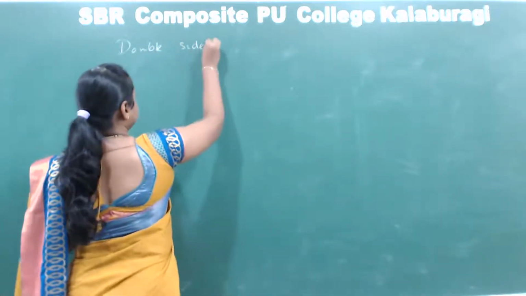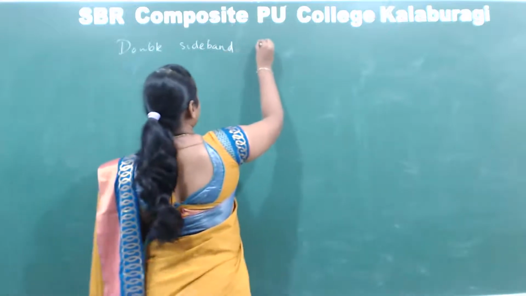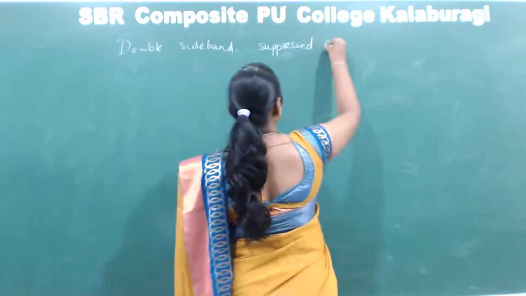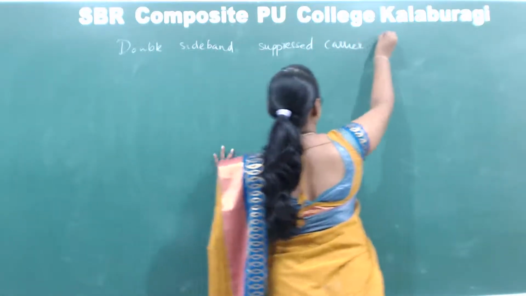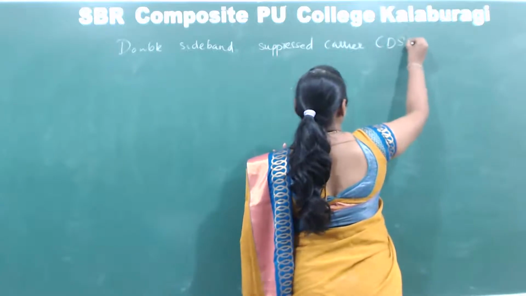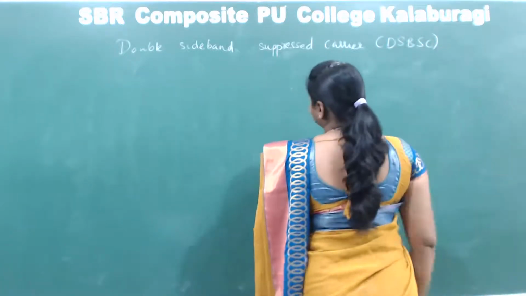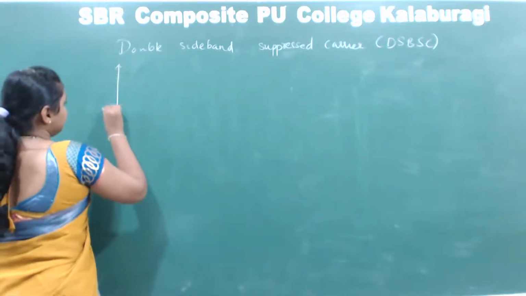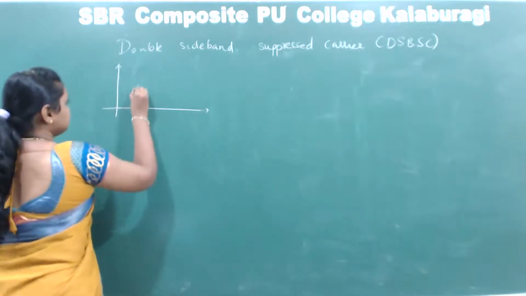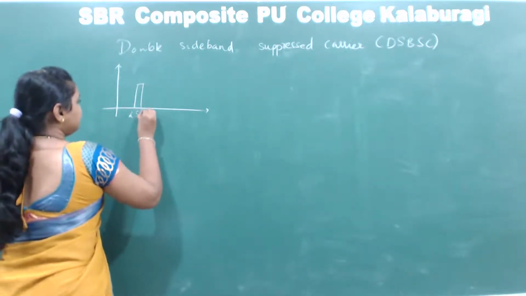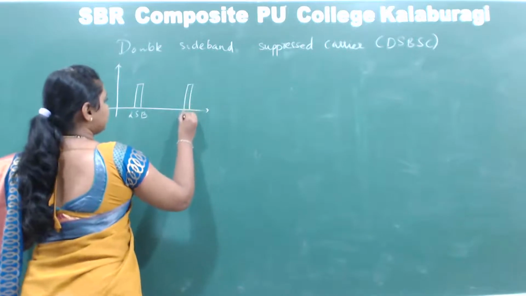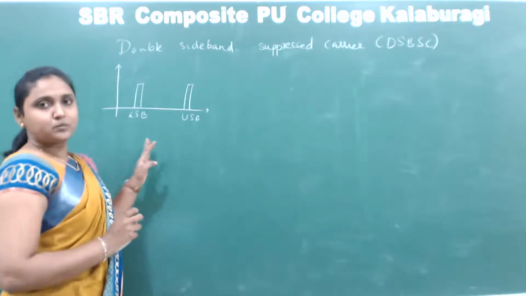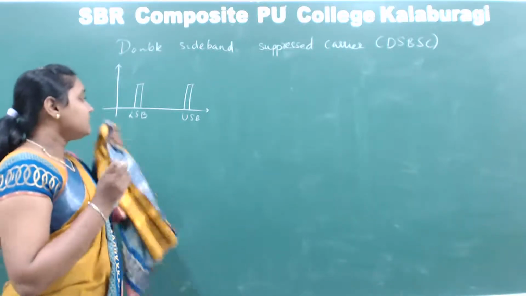Double sideband suppressed carrier, DSB-SC. So how does this appear now? Lower sideband and upper sideband. Here there is no case of 'or', because both the sidebands are transmitted, carrier is missing.